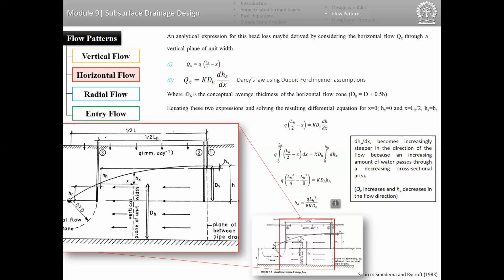This is because an increasing amount of water passes through a decreasing cross-sectional area, so Qx increases as hx decreases in the direction of flow. So this shows the head loss due to horizontal flow.